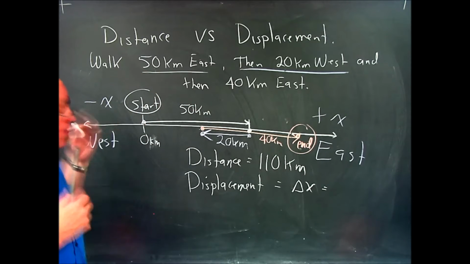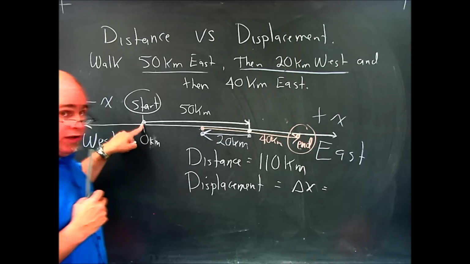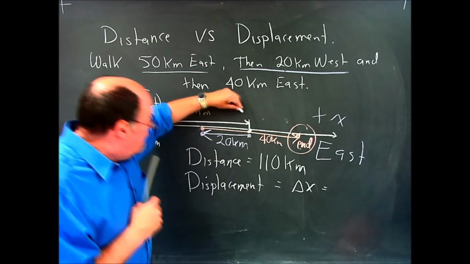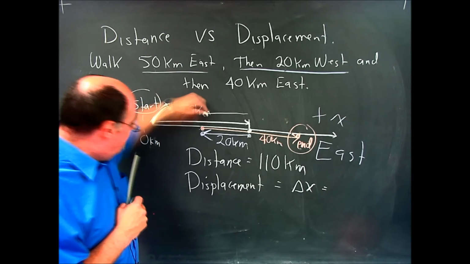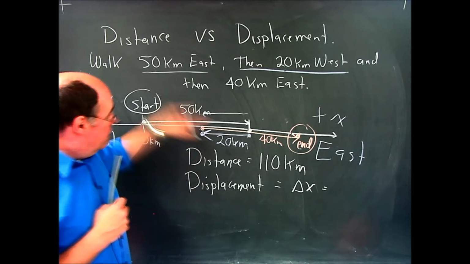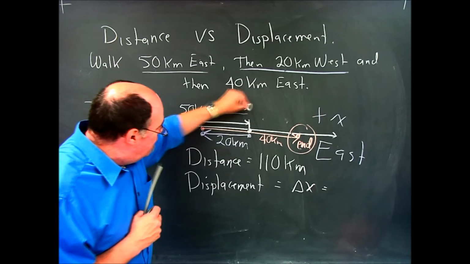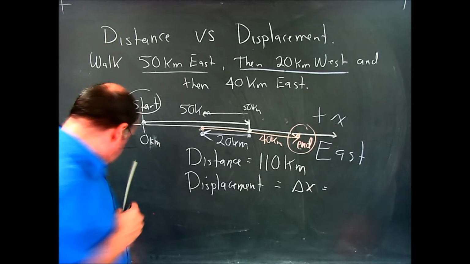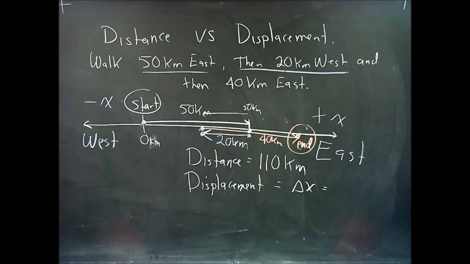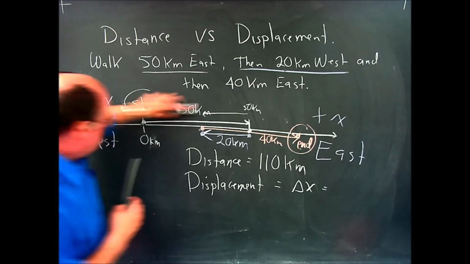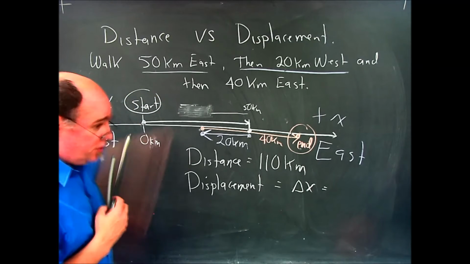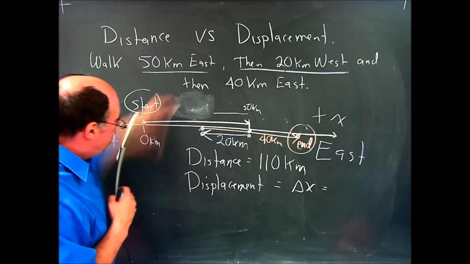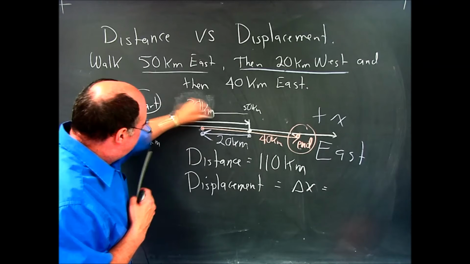Okay. So what position are we at? Well, in this particular case, we were at 0, and then we went to 50. Now, right here, from 50, we went back to the left 20 more. So if you had this point as 50 kilometers on the chart, then back here, this particular point on the chart would be 30 kilometers right here.